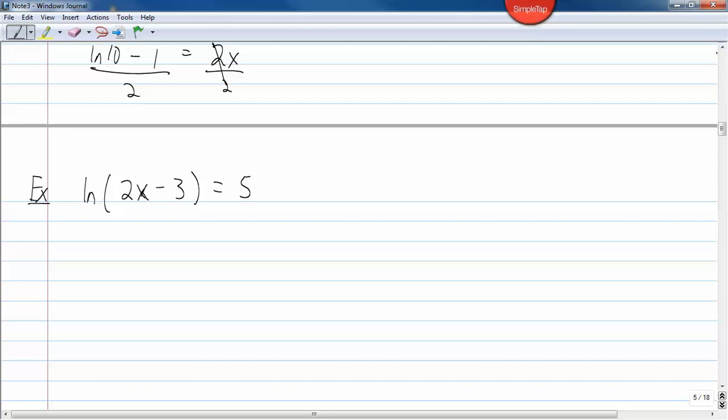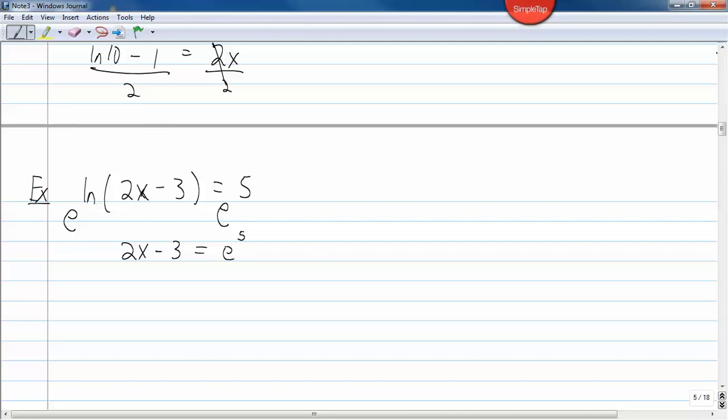The way you do that is you say e to this power on the left side and e to this power on the right side. Once you have the same base on each side, if you have e to the natural log, the answer is just all this right here. So the left side becomes 2x minus 3. The right side is just e to the 5th.